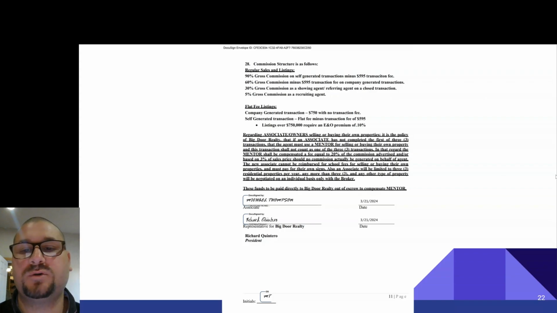Also, an associate will be limited to 3 residential properties per year. Any more than 3 and any other type of property will be negotiated on an individual basis only with the broker. So say you own 5 properties, right? And you want to sell all 5 and not pay any commission to the broker. They're only going to let you do 3 out of the 5 unless you negotiate it.